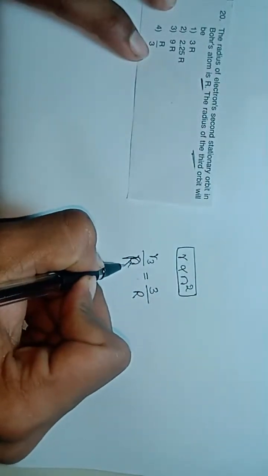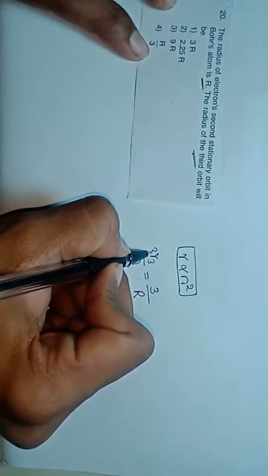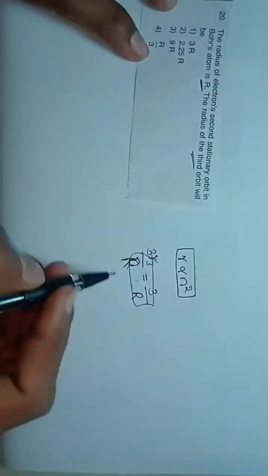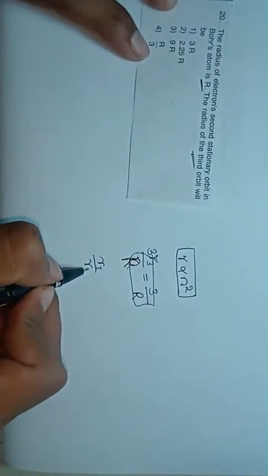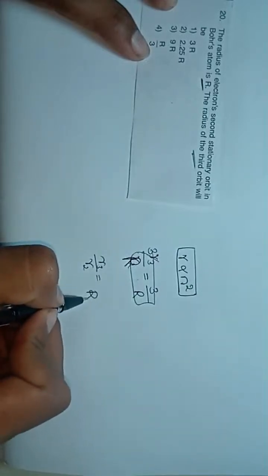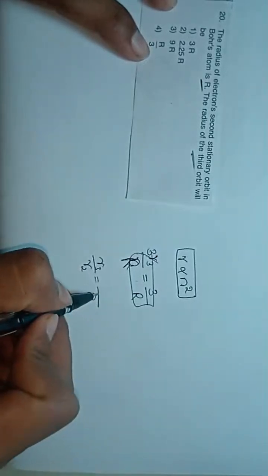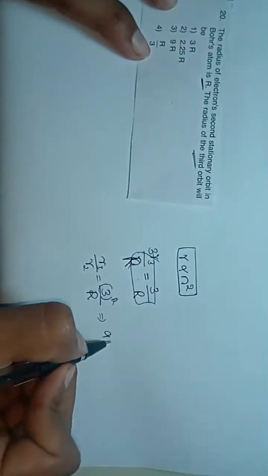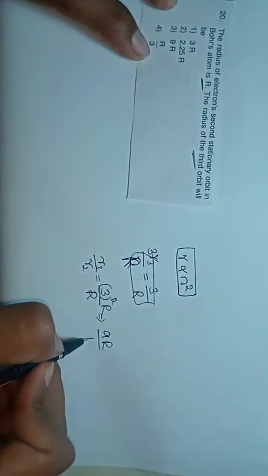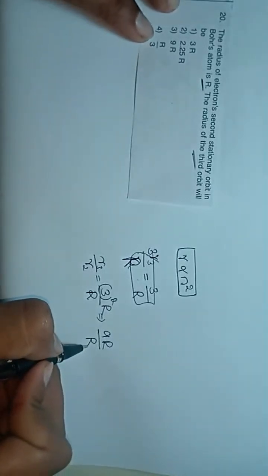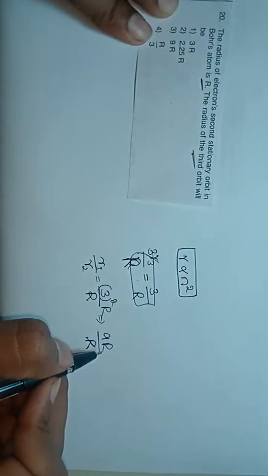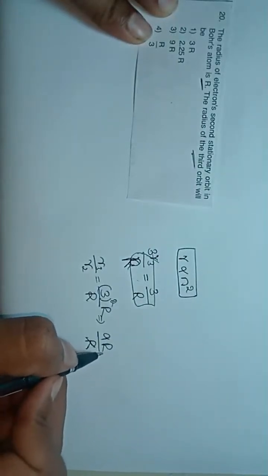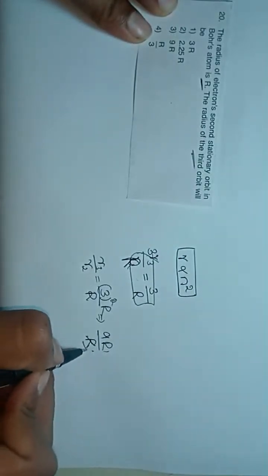See this, if you consider r, this is the third radius they are asking. Radius is directly proportional to n square, so r3 by r2, where for r2, r3 is n square, that is 3 square, which will be 9r, so it is 9 times the r.